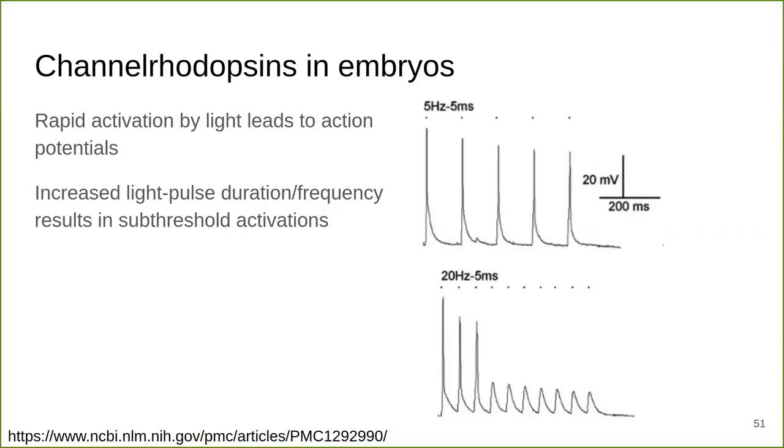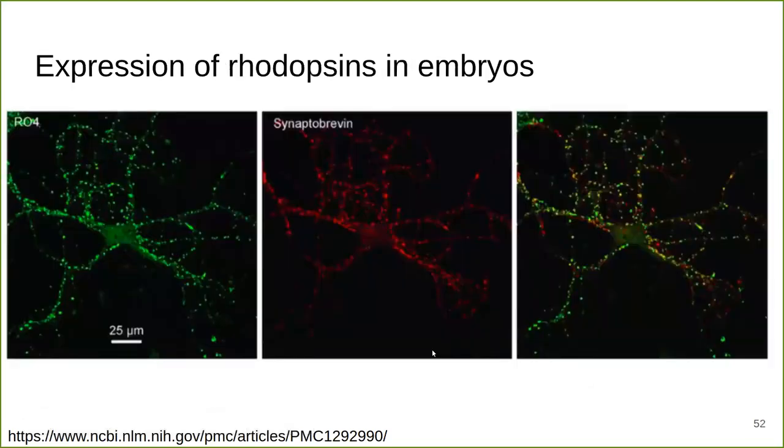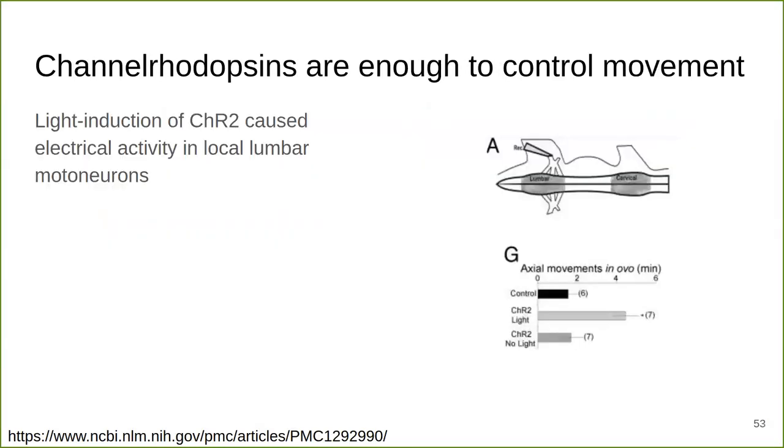So when you activate them with light, it leads to an action potential, as you would expect from the depolarization. And if you increase the light pulse duration and frequency, you see some sub-threshold activations. And they're also expressed in an expected way.